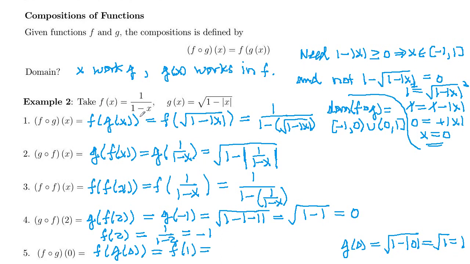And now for f, you plug your 1 in here. So 1 over 1 minus 1. But that's 1 over 0, and that's undefined. Can't divide by 0, right? So what that means is that the number 0 is not in the domain of f circle g. Okay, and we saw that up here. In the domain of f circle g, 0 was kicked out, right? We cannot have x equals 0. That's why.